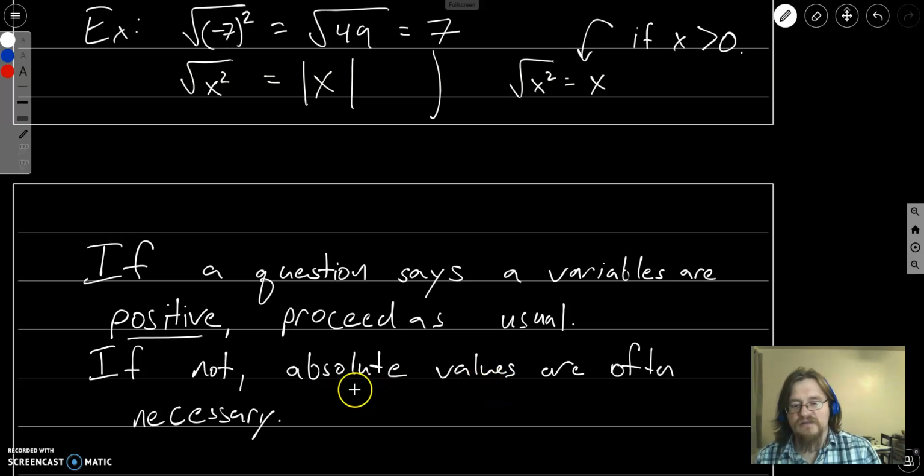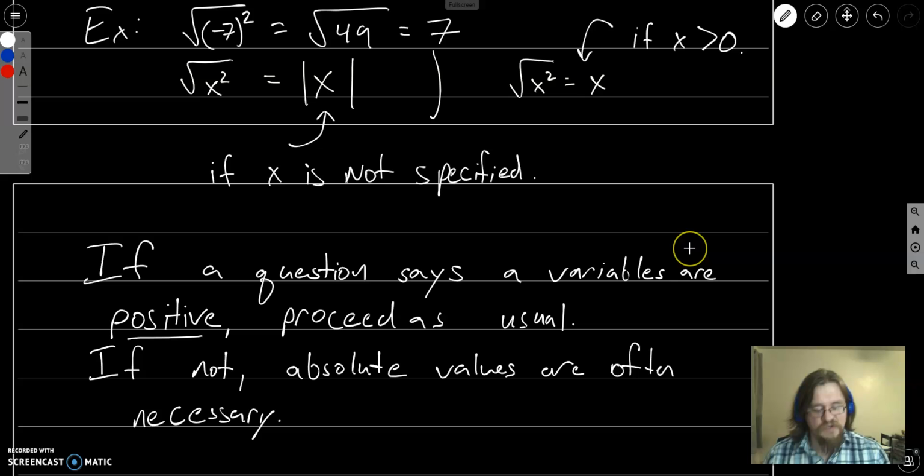If not, the absolute value signs are necessary. So this would be if x is not specified. So we do have to keep in mind the fact that square roots need to be positive. If there's a chance that you could get something that's not positive, we add absolute value signs and make it positive. And this is a very, very quick summary of exponents.